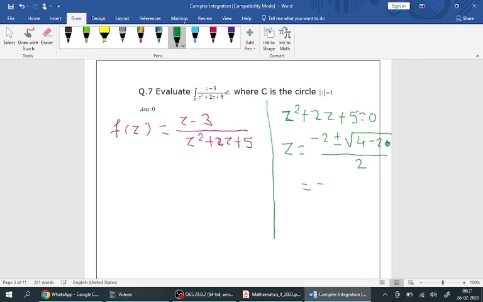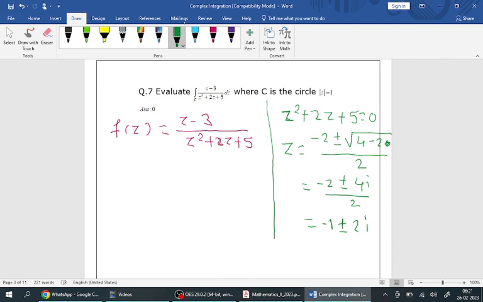So it is minus 2 plus or minus root of minus 16. Root of minus 16 means 4i, divided by 2. So we get minus 1 plus or minus 2i.